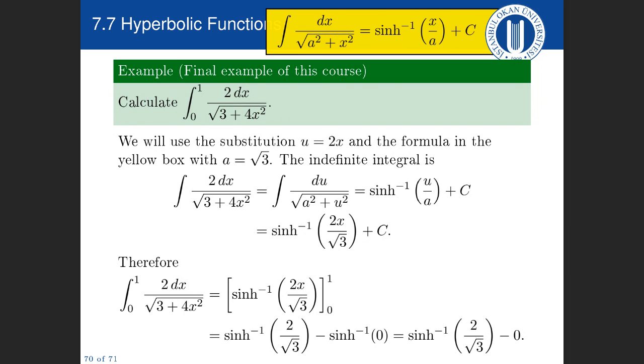So let me just scribble on the page. If I cross this h out, and if I change this plus sign to a minus sign, then we get the formula that we had earlier. The integral of dx over the square root of a squared minus x squared is inverse sine of x over a plus c. But if we have a plus, then we have inverse hyperbolic sine instead of inverse sine. How do you know which one to use?